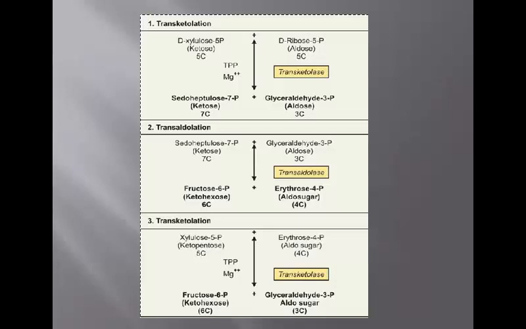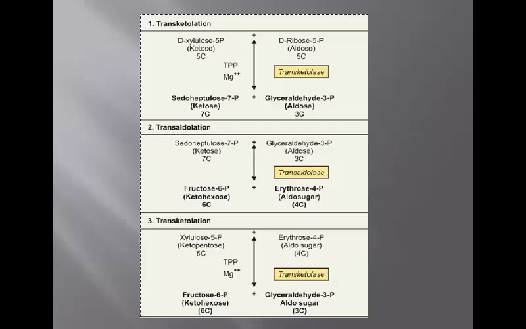After that, transaldolation occurs, in which dihydroxyacetone, the 3 carbon containing unit from pseudoheptulose 7-phosphate, is transferred to glyceraldehyde 3-phosphate. A 6 carbon containing keto hexose, that is fructose 6-phosphate, is formed.